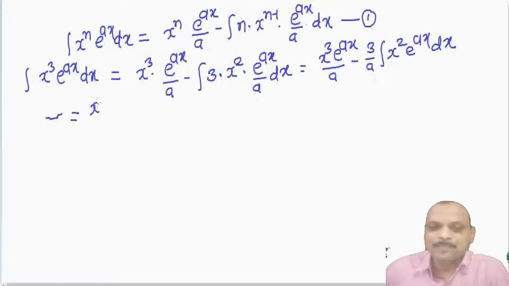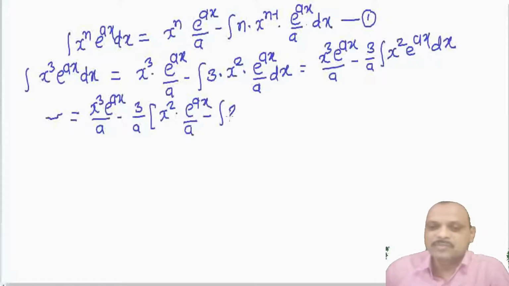Okay, now again evaluate that term. x cube e raised to ax divided by a minus 3 divided by a into x square into e raised to ax divided by a minus the derivative of x square, which is 2x, integration of e raised to ax divided by a into dx.